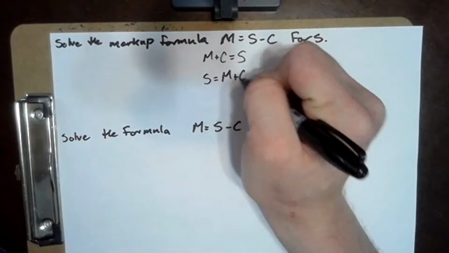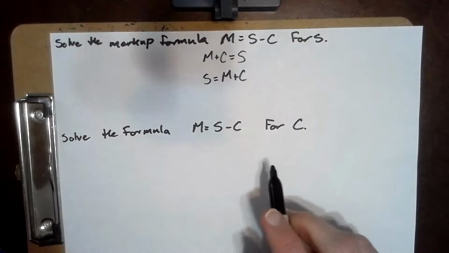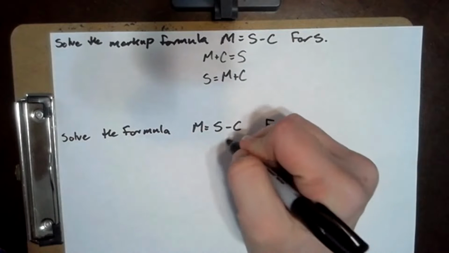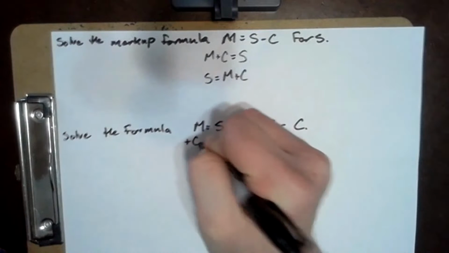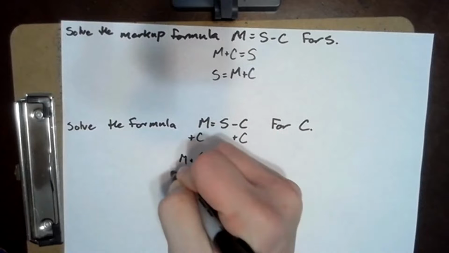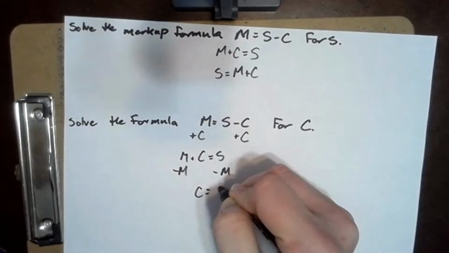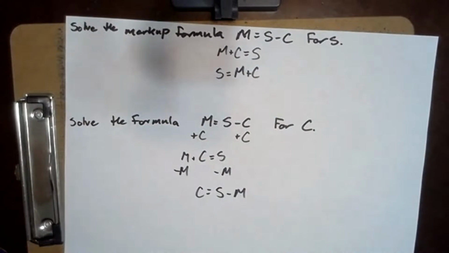S equals M plus C. To solve this for C instead, I'm still going to add C to both sides to get M plus C equals S, but then I'm going to subtract M from both sides and get C equals S minus M.